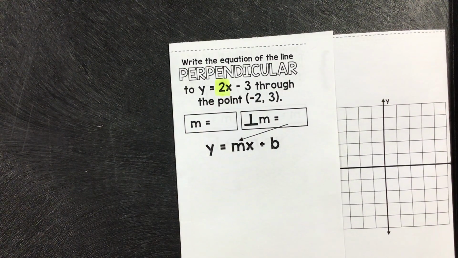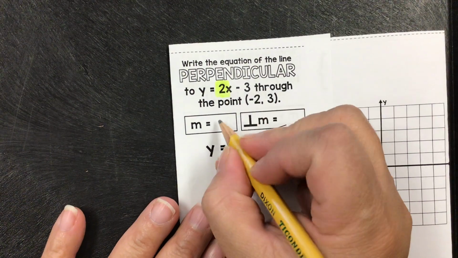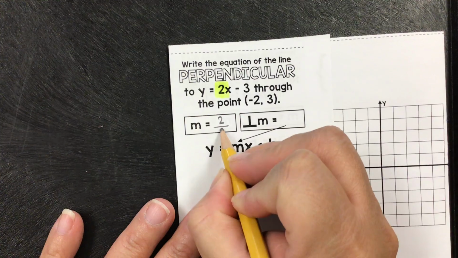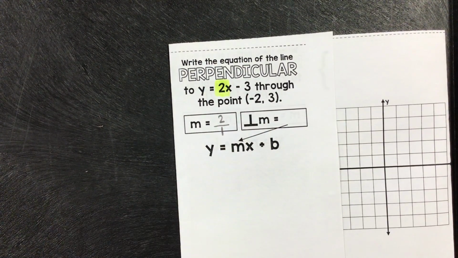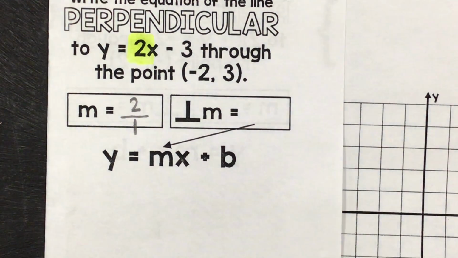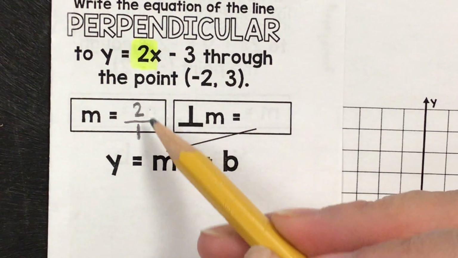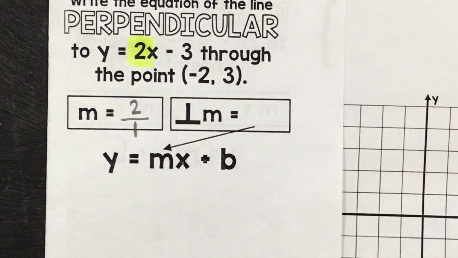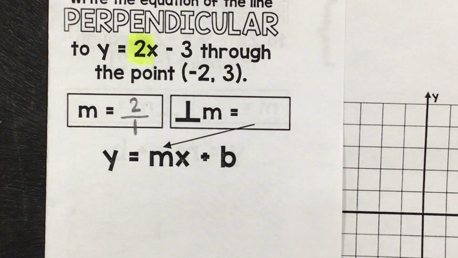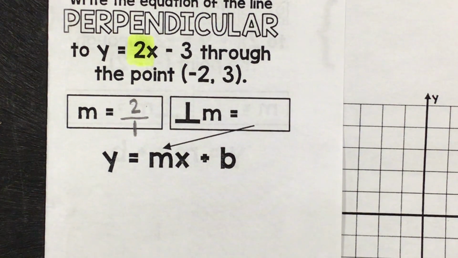That means that the slope we have is 2. I want to remind you that dividing by 1 means the same thing, and we kind of need that denominator because you have to do the rise over the run, or how many you move up and how many you move to the right. The perpendicular slope, though, has to be the negative reciprocal.